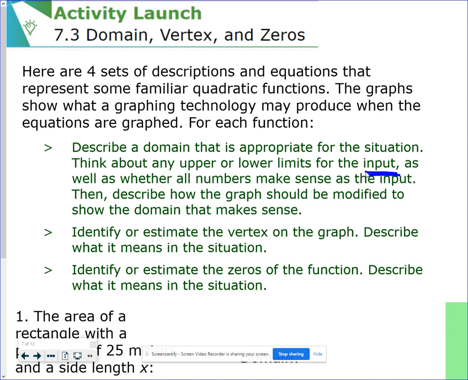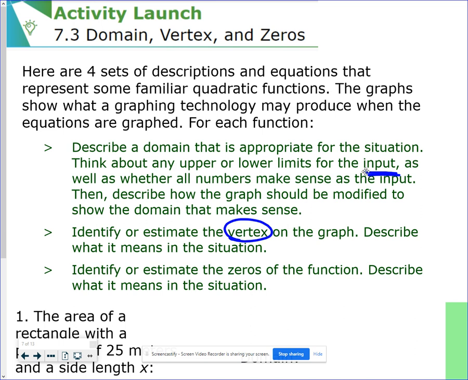And we don't want a graph that's too small and eliminates some of the information that we actually need. The vertex is the maximum or the minimum point on a graph, the very tallest that it gets or the very lowest that it gets. And then the zeros are where it crosses the x-axis. So they're really the x-intercepts.